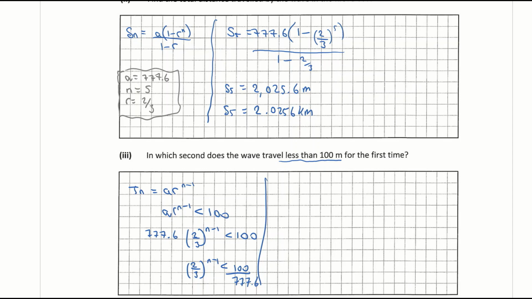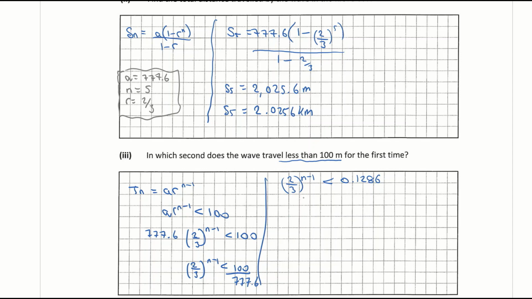If I simplify 100 divided by 777.6, I get 0.1286. So that's leaving me with 2/3 to the power of n minus 1 less than 0.1286.